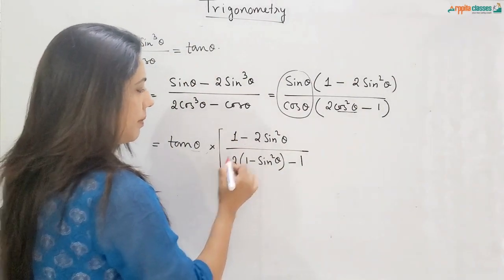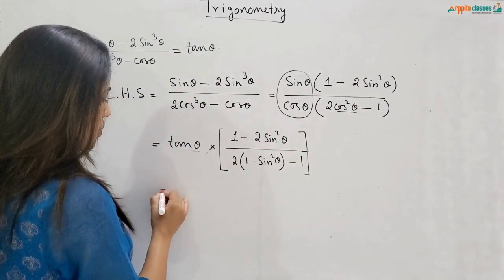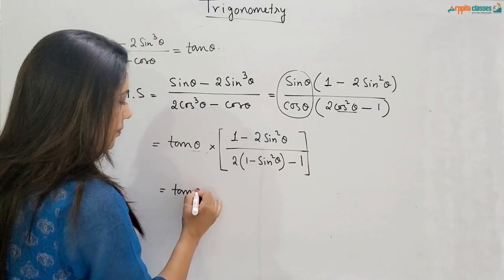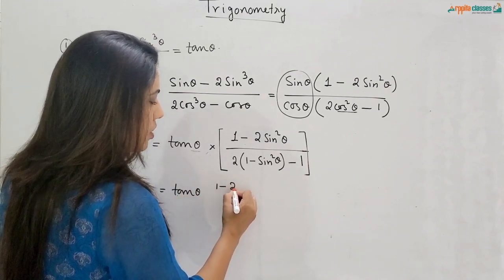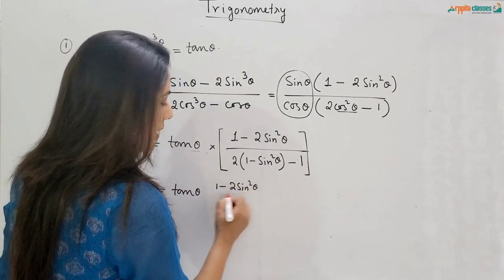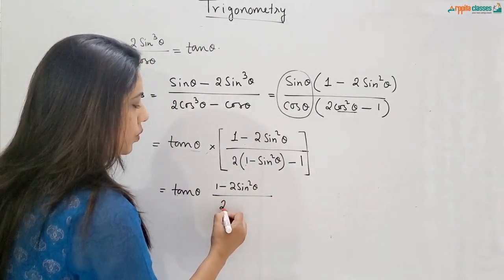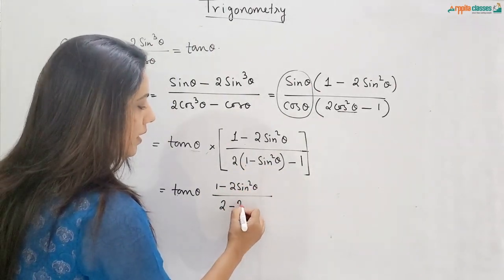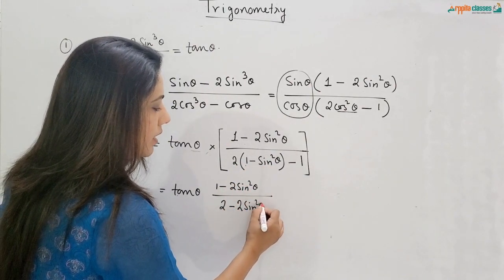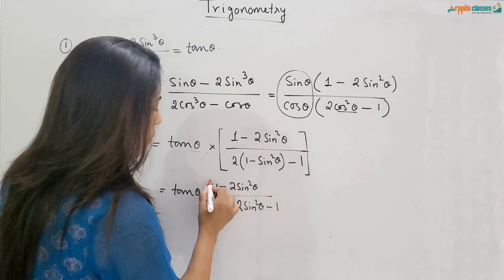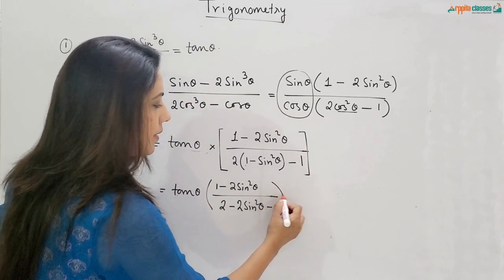We can put another bracket over here. So it is tan theta into 1 minus 2 sin square theta in the numerator as it is. Down, we will multiply this 2 into 1, that's 2, minus 2 into sin square theta, that's 2 sin square theta, and this is minus 1. Let us put it inside a bracket.